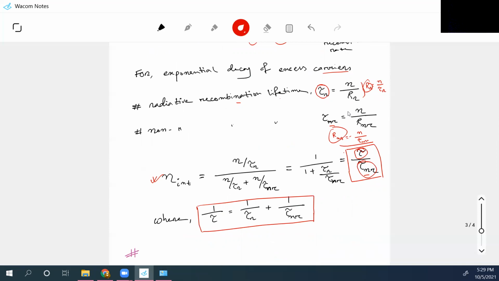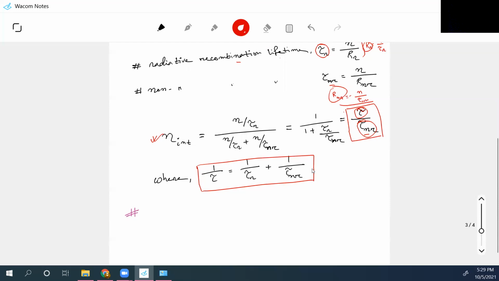Now, for direct band gap semiconductors, what are the direct band gap semiconductors? We have learned it earlier: gallium aluminum arsenide, or indium gallium arsenide phosphide.